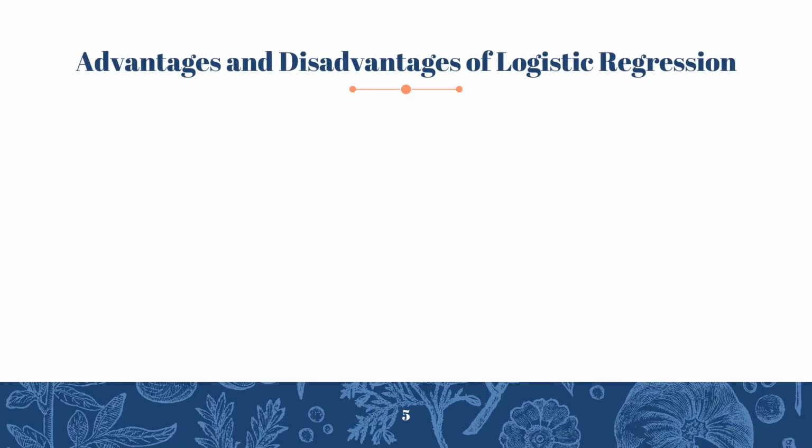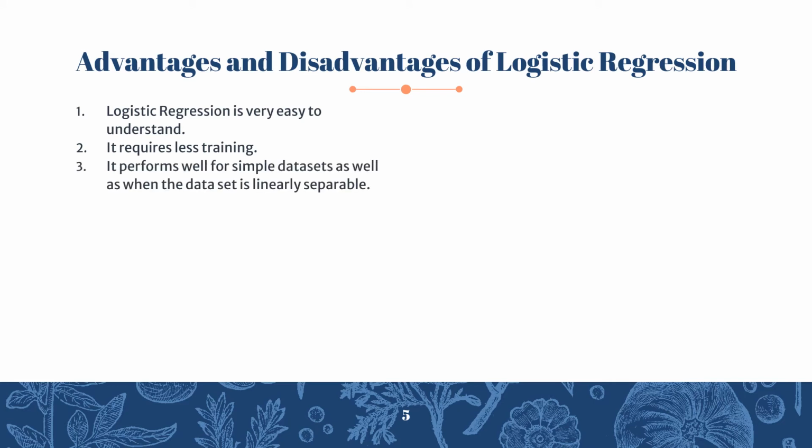Now, let us look at the advantages and disadvantages of logistic regression. Logistic regression is very easy to understand. It is very easy to implement. You do not need much time in training. It requires less training. It performs well for simple data set as well as when the data is linearly separable.